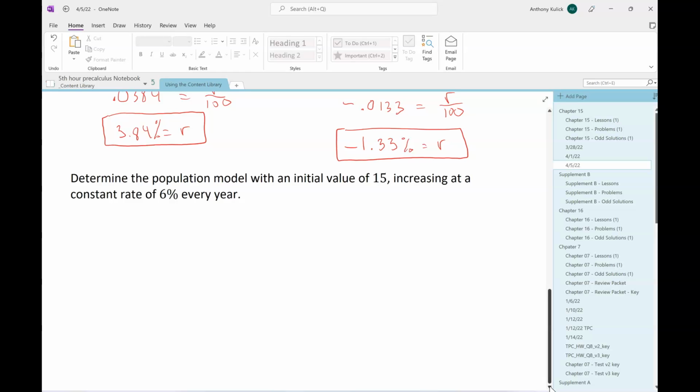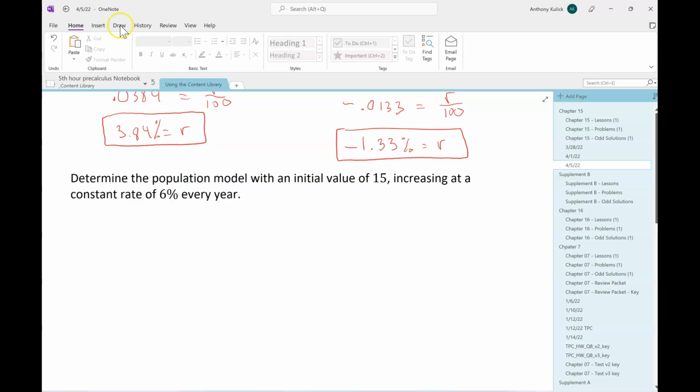It should be clear from the context of the question that we should be using the population model described earlier in the lesson.